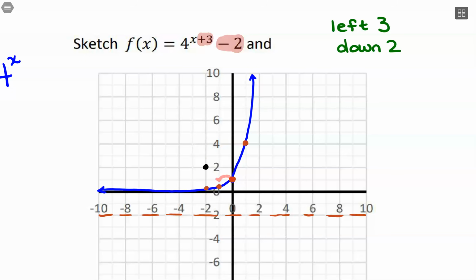And 1, 2, 3, 1, 2. And I've got one more. 1, 2, 3, 1, 2 for 1/4. And then from there, I'll just connect the dots, like that.